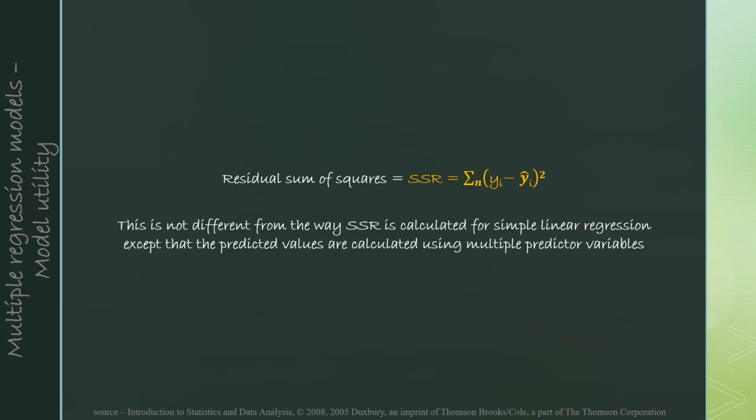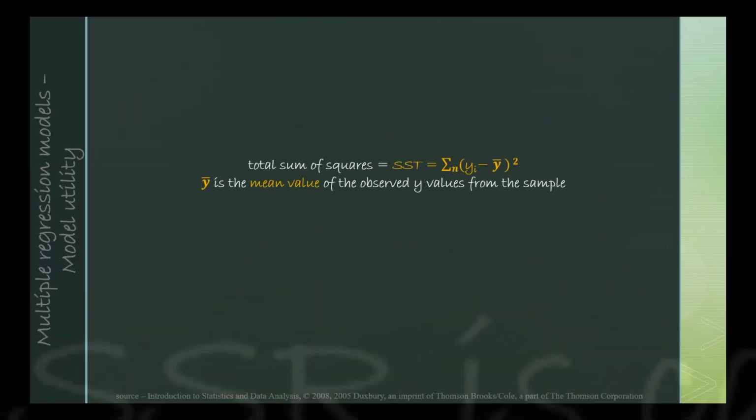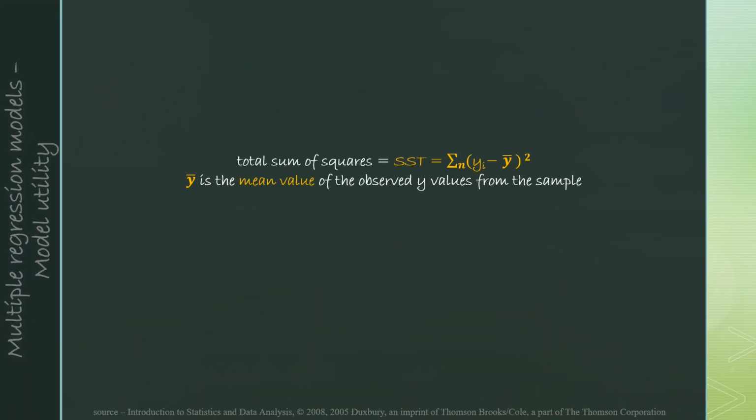This is not different from the way SSR is calculated for simple linear regression, except that the predicted values are calculated using multiple predictor variables. Total sum of squares SST equals sigma, from 1 to n, of yi minus y bar, the whole squared, where y bar is the mean value of the observed y values from the sample.